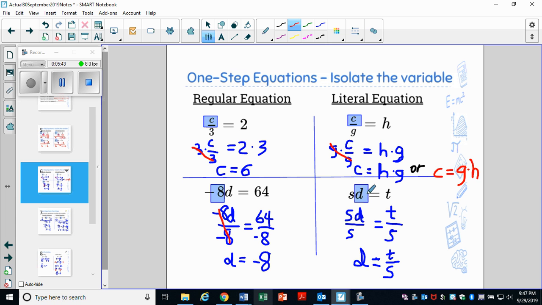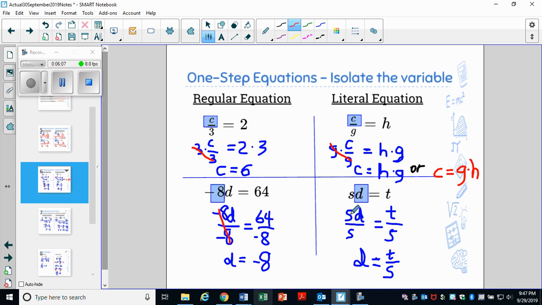Similarly, you have s times d equals t. So d is the variable we are trying to find by itself. And I think here, unlike the previous problem, the highlight should have been around d. Here, we are highlighting the d.